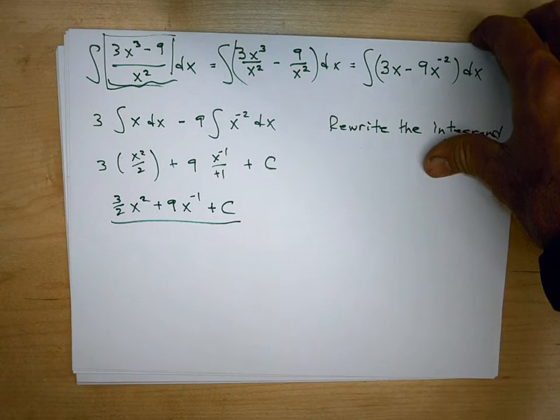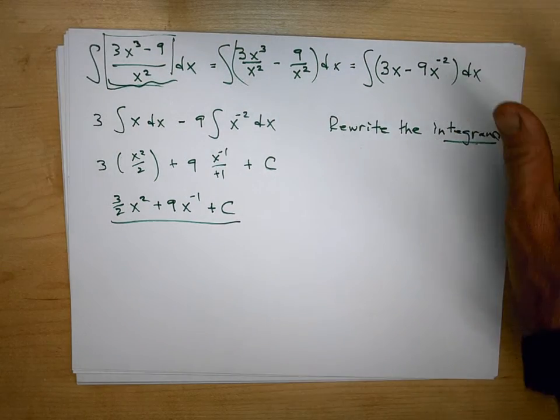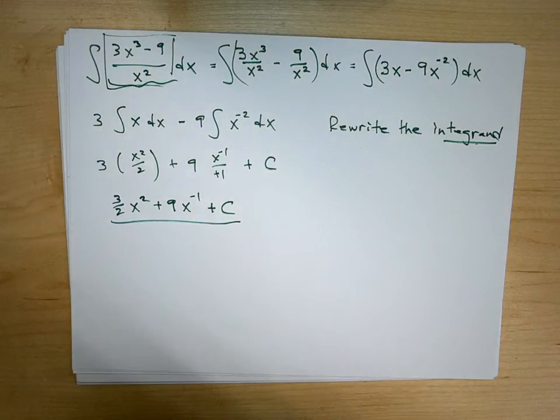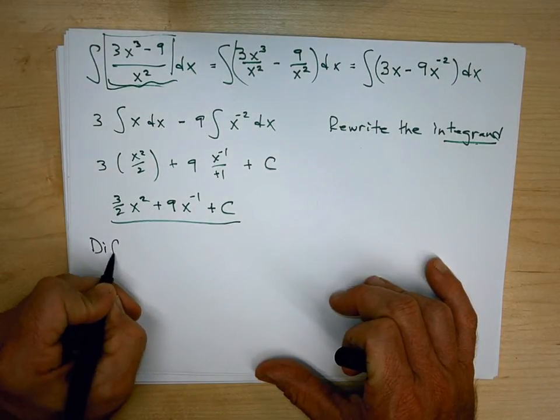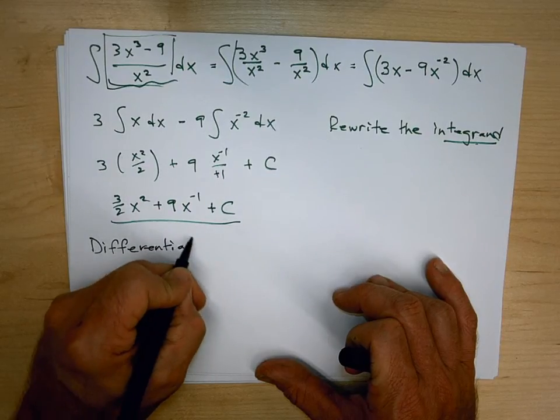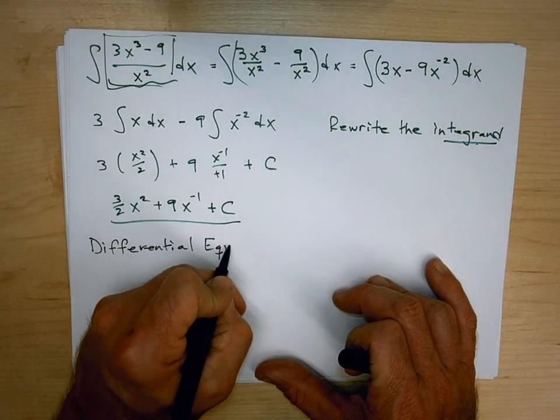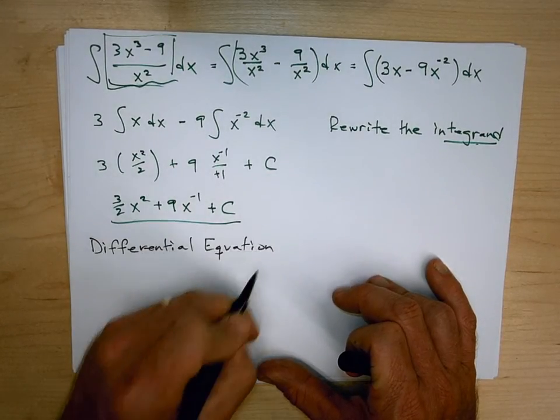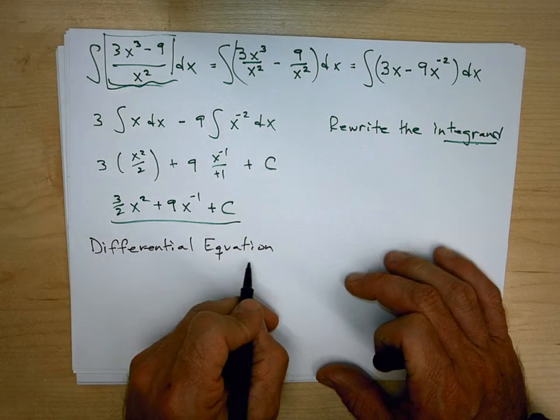Okay, last thing I want to talk about is something called a differential equation. All right? So a differential equation is just a big word for an equation that includes a derivative. So we've already actually been looking at things that are differential equations.